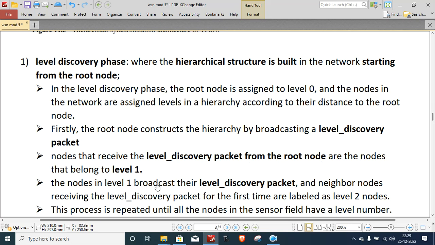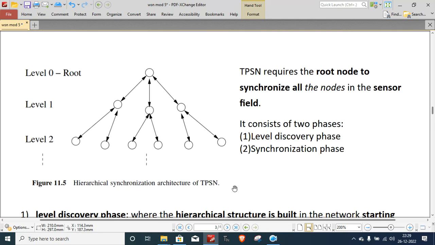So whichever node gets the level discovery packet right from the root node calls itself a level 1 node, and these level 1 nodes then broadcast level discovery packets in turn.